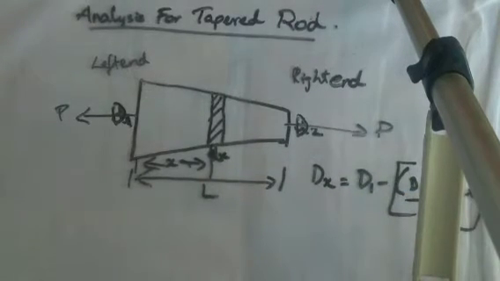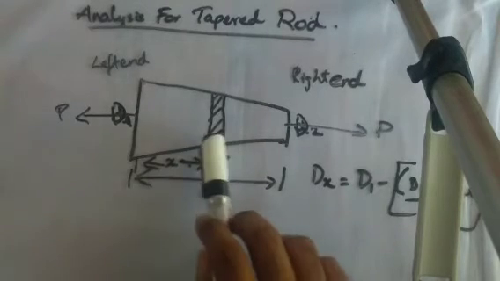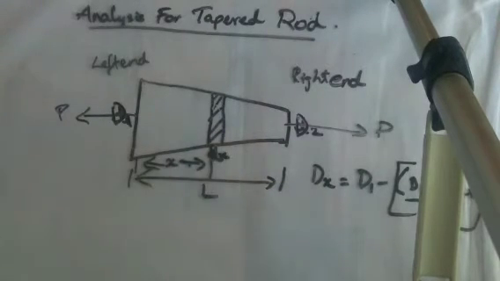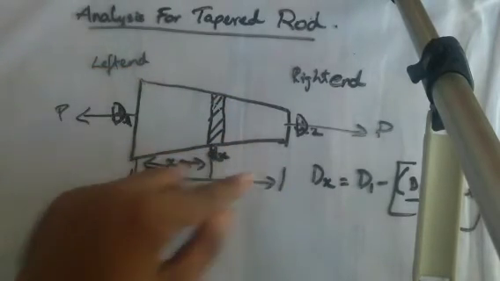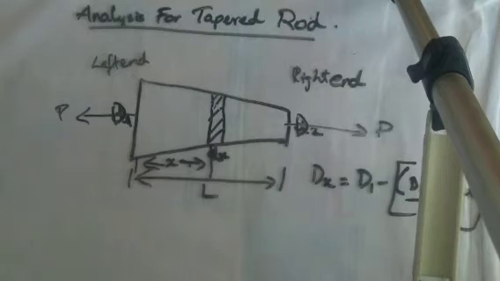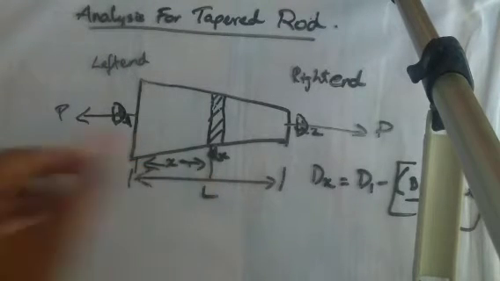This is the expression to find the diameter at this place: the big diameter d1 minus (d1 minus d2) divided by the whole length, into x, where x is the distance from the left end.